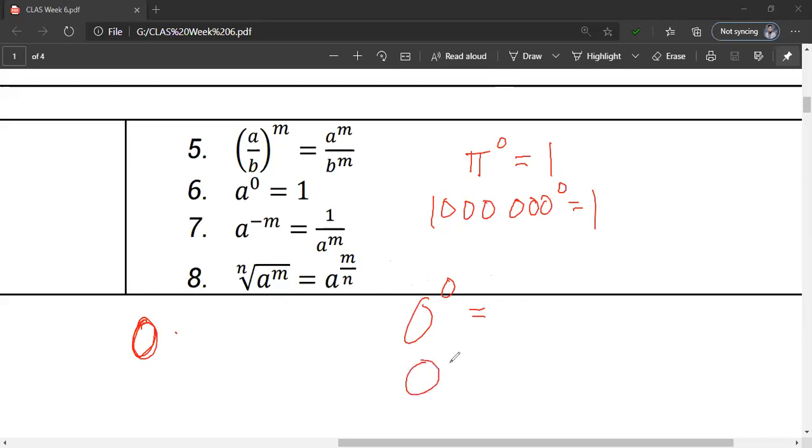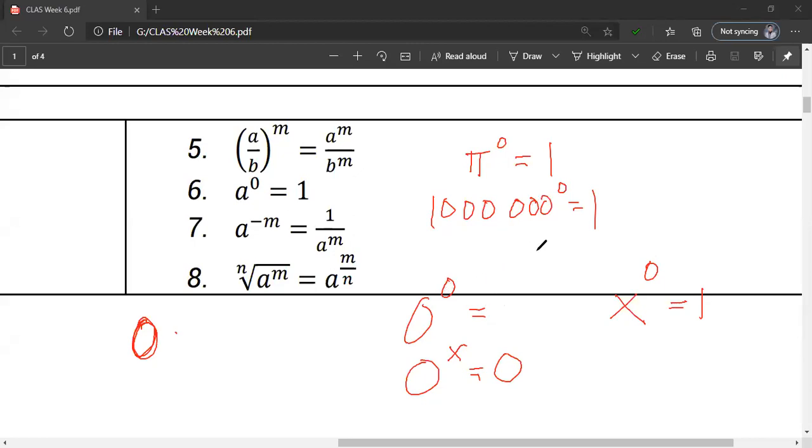So kunwari, kung 0 raised to x, yung x is any non-zero number, that is 0. Tapos, kapag any number raised to 0 is equal to 1. Ngayon, paano yung 0 raised to 0? Katulad yung sinasabi ko last time sa indeterminate, yung 0 over 0, di ba? Nakaraan 0 over 0 lang yung problem natin.